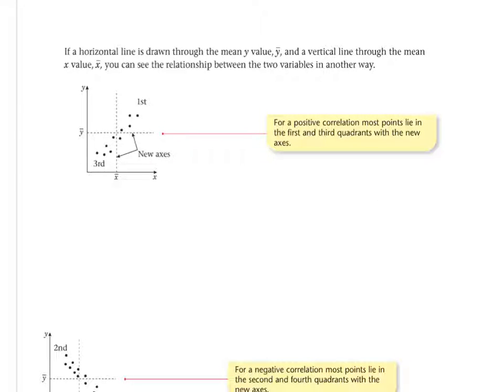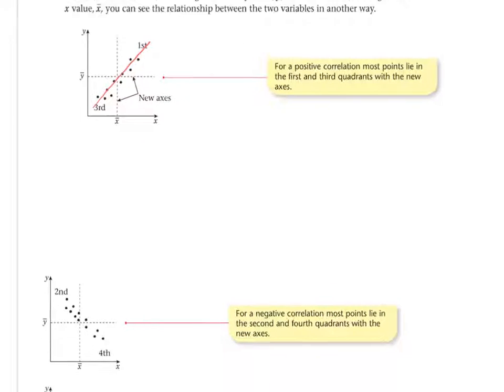We can be a bit more exact with our scatter diagrams, and if we draw a horizontal line, which is the mean of the y values, and a vertical line for the mean of the x values, then we get what's called first, second, third and fourth quadrants. So when you have a positive correlation and you're drawing a line of best fit for this diagram, the line of best fit goes through where the axes intersect and in the first and third quadrants.